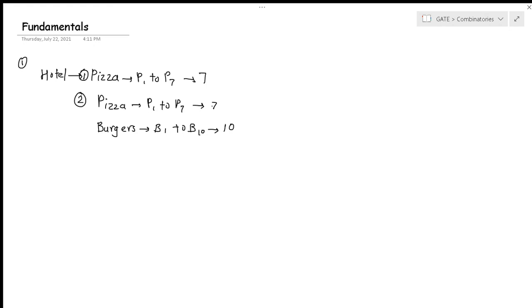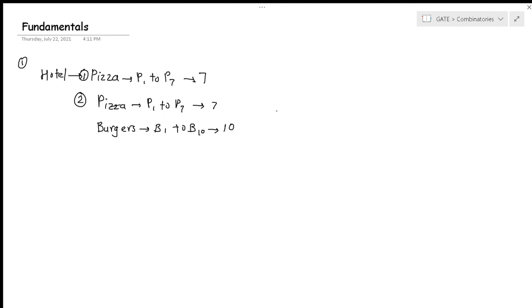And the more important thing is these are disjoint, right? There is no relation between them. There is nothing that says after this you have to eat this and this. You just have to eat something, and if you go with the pizza, you will have seven choices. If you go with the burger, you will have 10 choices. So how can we see this?